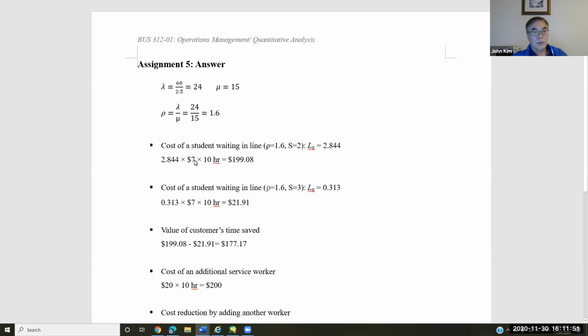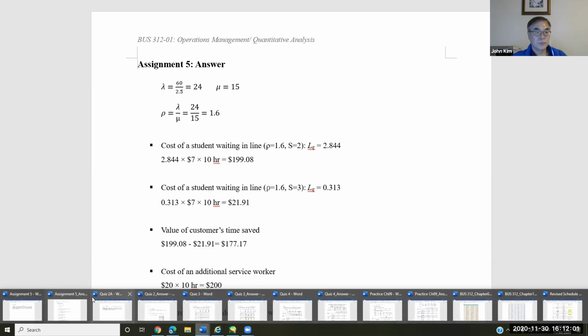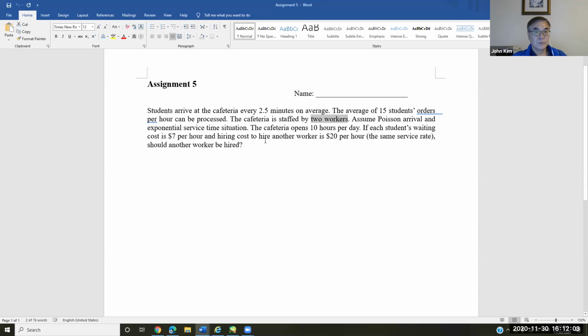So if a customer waits in line, $7 per hour from the question, $7 per hour is the student customer waiting cost, and this cafeteria is open 10 hours.